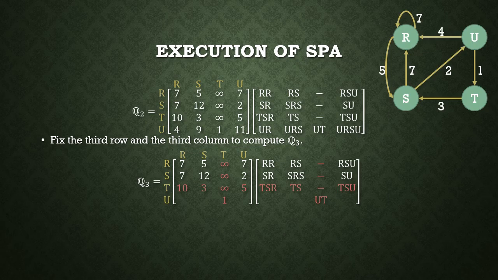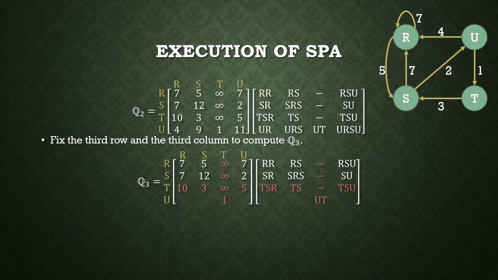So I keep 5. Now come to RU. The previous value is 7. The intersection values are 5 and infinity, which will give infinity. So I opt for 7. This completes my row of R.